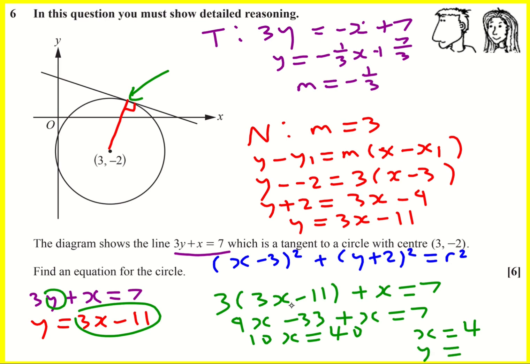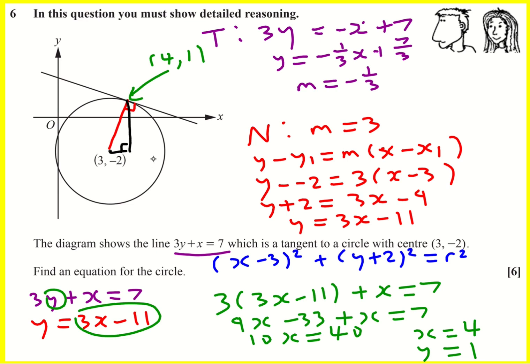To get the y value, we substitute back into either one. Let's put it back into this one. 3 times 4 is 12. 12 - 11 is going to be 1. So this point here is (4, 1). And we can just check it in the other one. We're going to get 3 + 4 is 7. Yes, it works.